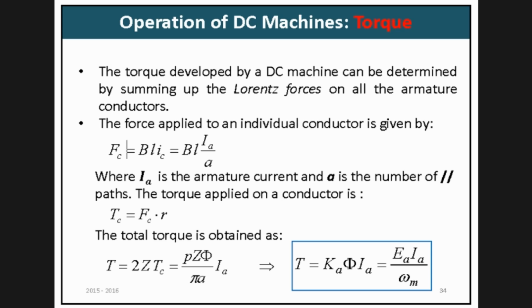Tc is the torque on a single conductor, but there are 2 conductors in a coil. So the total torque will be 2 Z times Tc.